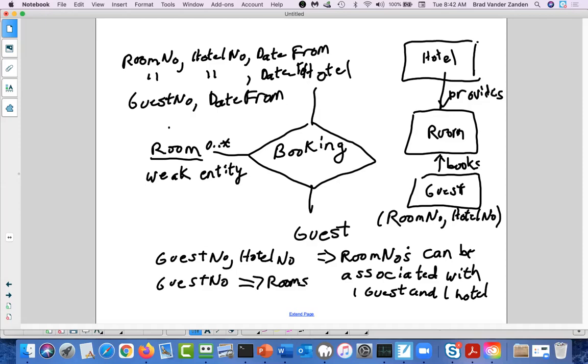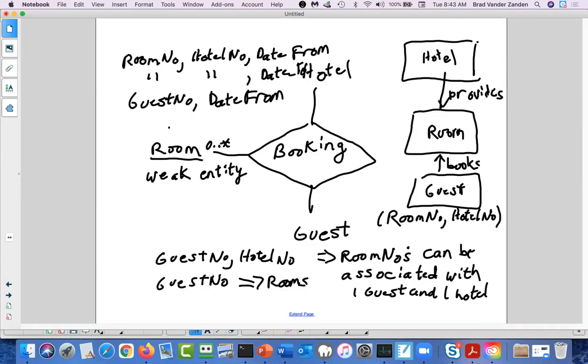They're not part of the same key. Guest number, room number, and hotel number by themselves are not enough to form the primary key. Now that I think about it, it is possible that the guest comes at a later time and gets the same room at the same hotel. Exactly. If that was just your primary key, you'd see it twice.